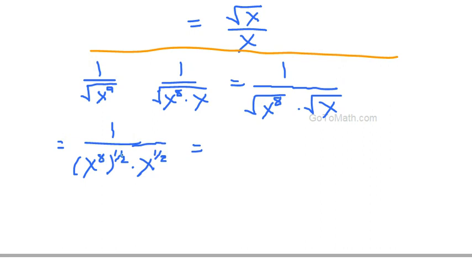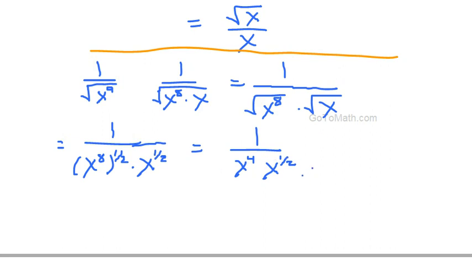Now of course 8 times a half is 4, so now this becomes 1 over x to the 4th times x to the half. I didn't have to write this with rational exponents, but I did anyway.